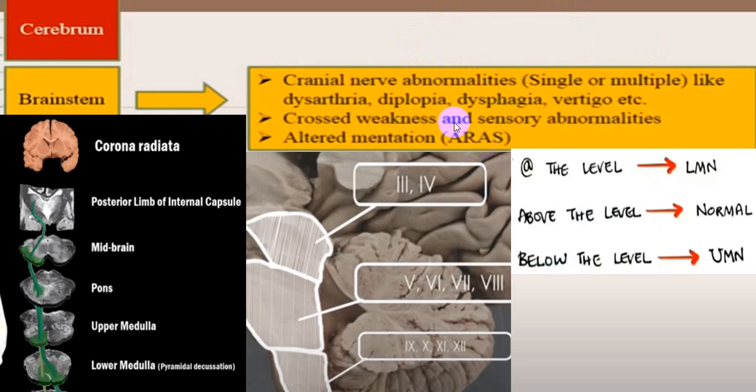That will be very frequently involved. At the level, you will have a lower motor neuron type of damage in the cranial nerves. Above the level, cranial nerves will be normal. Below the level, you will have an upper motor neuron type of damage, specifically to the facial and 12th cranial nerve.